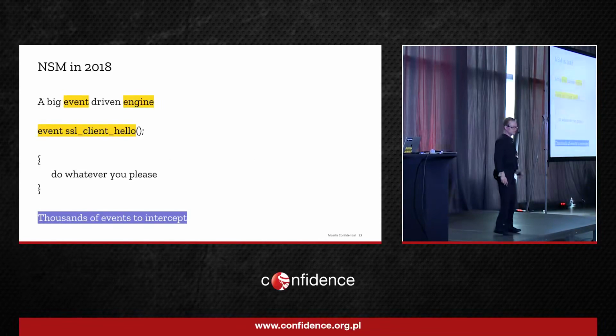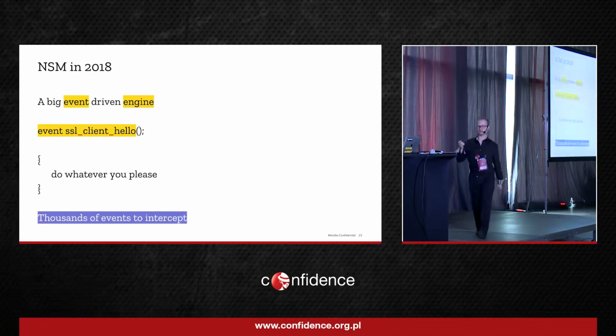NSM in 2018 is very different. It is no longer IDS, it is a collection of several IDS engines, and it is nothing else but a big event-driven engine. If you are, for example, a Python programmer or a C programmer, you know that you can have this kind of framework, like here.